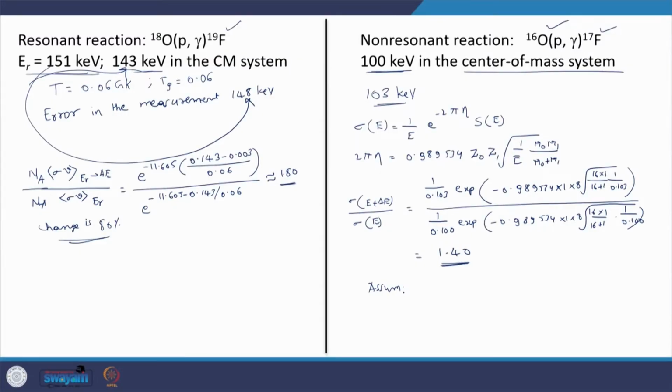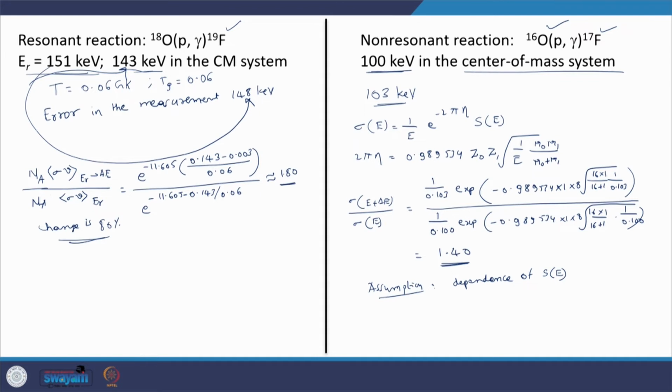Remember, one of the important assumptions which has been made is the dependence of S factor. All right. So, from this numerical, what we have understood is that a slight change in the projectile energy can cause a huge change in the cross section of nuclear reaction.